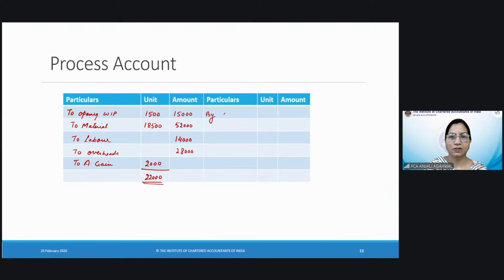By normal loss, 2,000 units. By transfer to next process, 15,000 units. By closing WIP, 5,000.